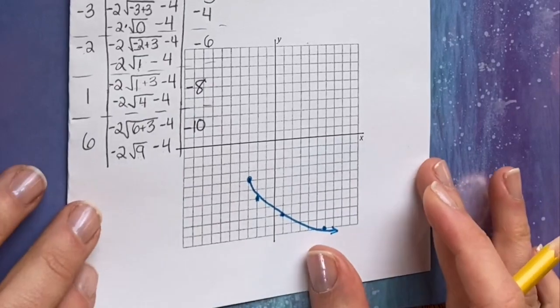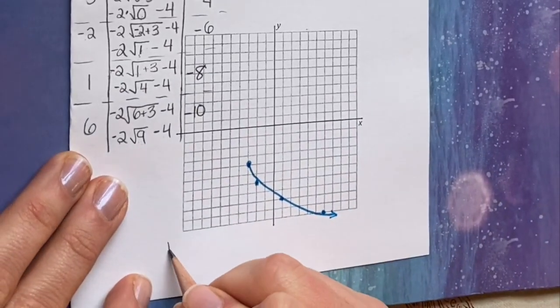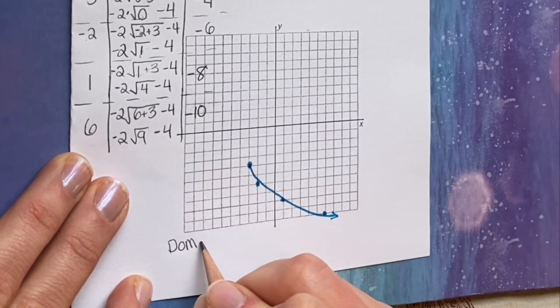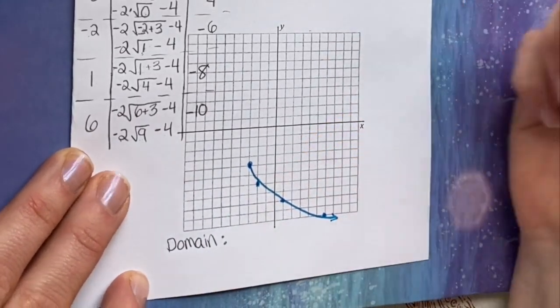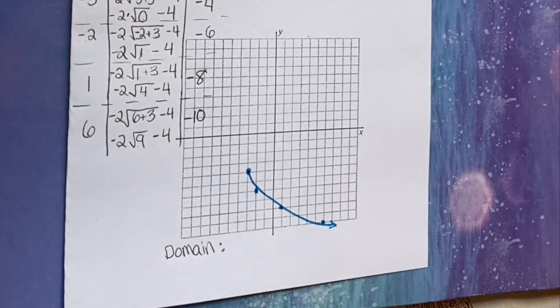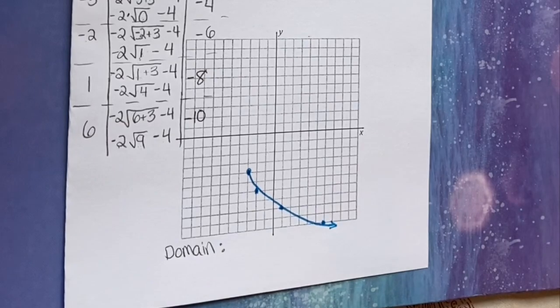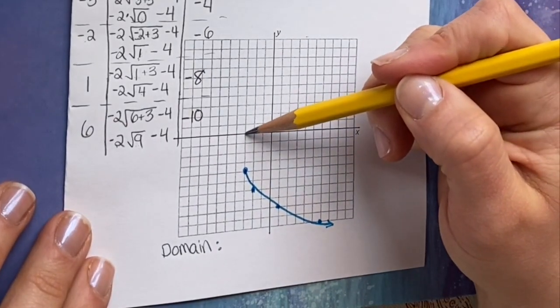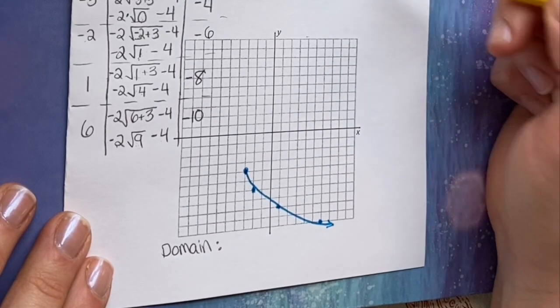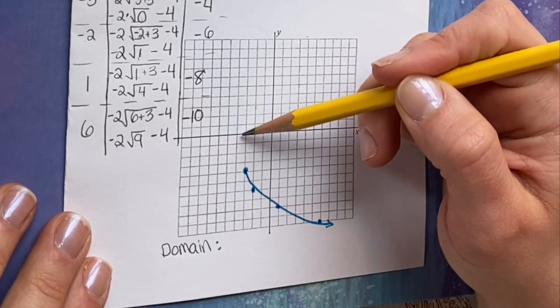So again, domain represents our x values. So x values, you want to think about how far to the left are you going, how far to the right are you going. The lowest x value that we can have is that endpoint, negative 3. We're never going to go past negative 3.